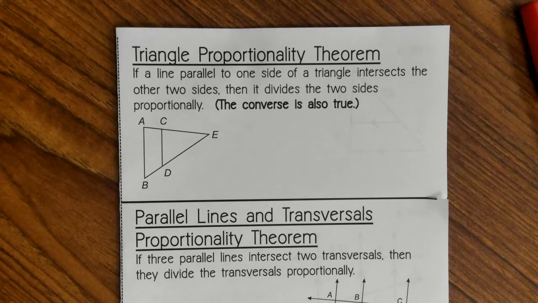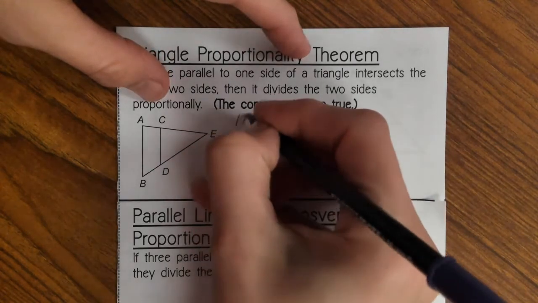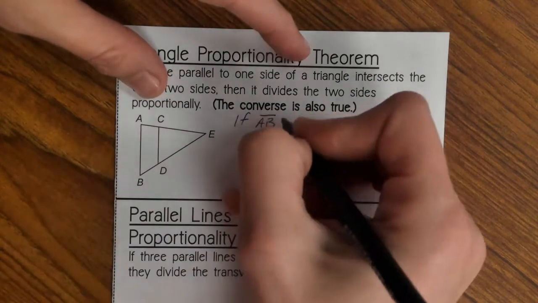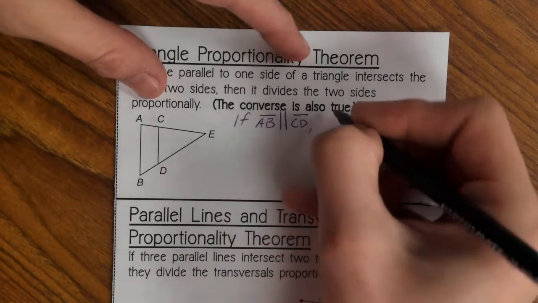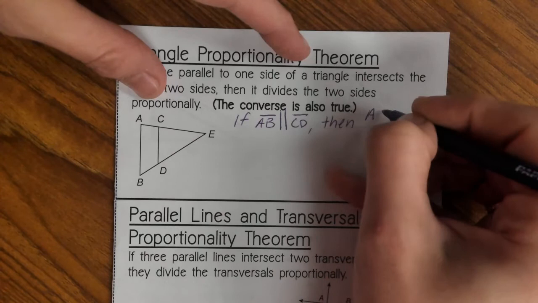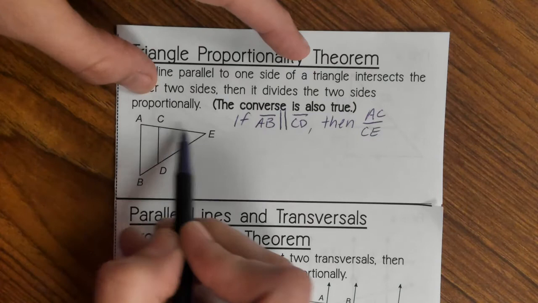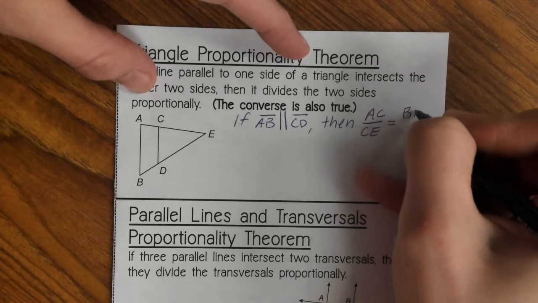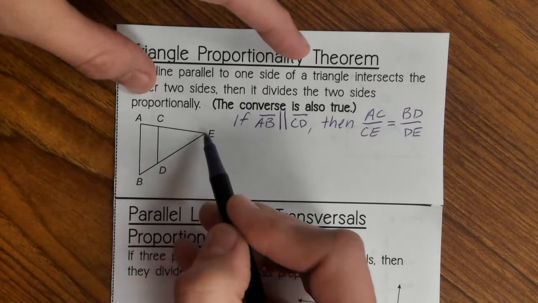Okay? So what this is going to mean is that if segment AB right here is parallel to segment CD, here's our conditional statement, if then the ratio of AC to CE is equal to the ratio of BD to DE.